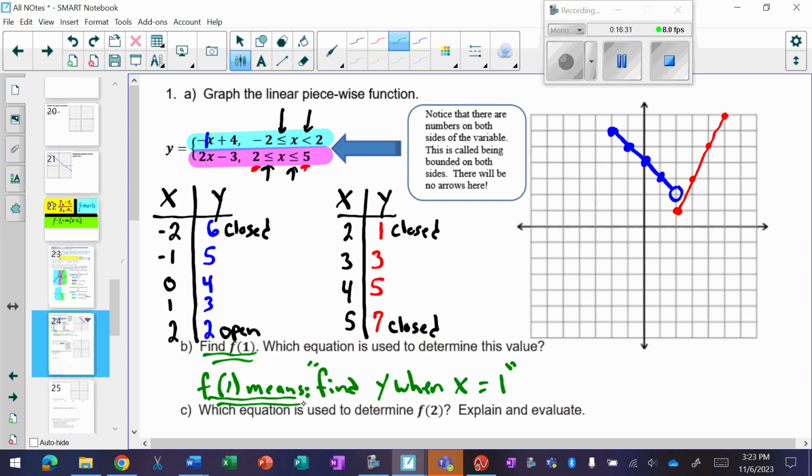Find the value of y when x is equal to 1. So do it from the graph. Go to where x is 1 on the graph. That falls into the blue section. So when x is 1, the y value is at 3. So f of 1 is equal to the y value of 3.